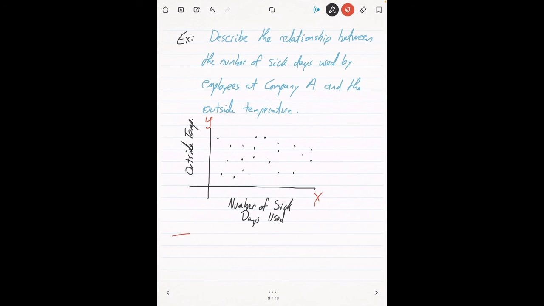So we would say that there is really no relationship between the two variables.